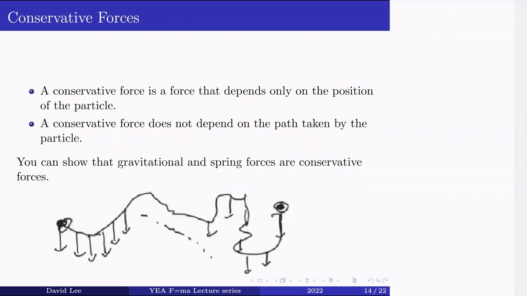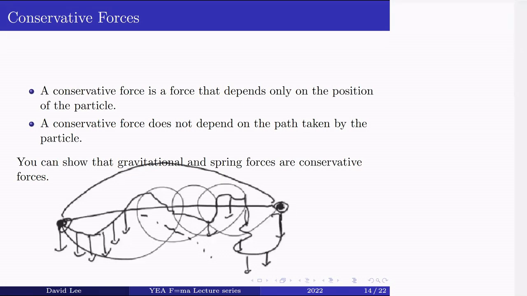So the particle can go in a straight line, it can go up and then down, or it can go in circles. No matter what, if you take the work done by gravity and add it all up, it will be the same. And we can also show this for springs.